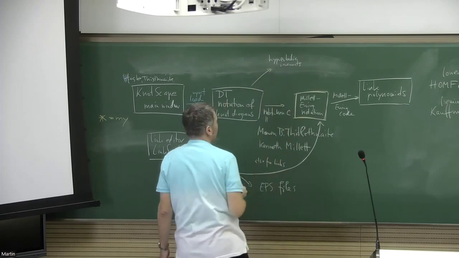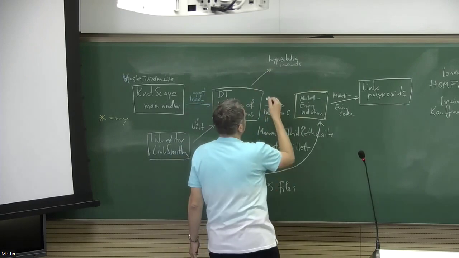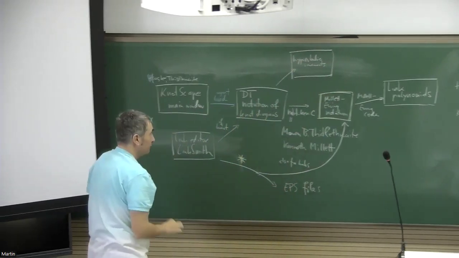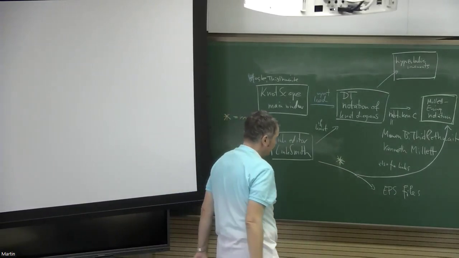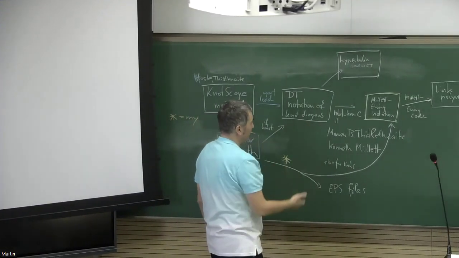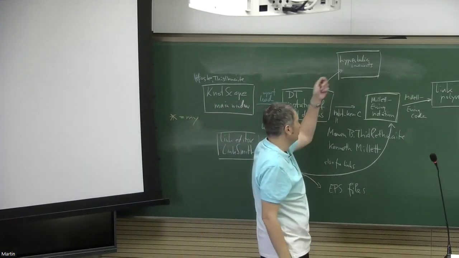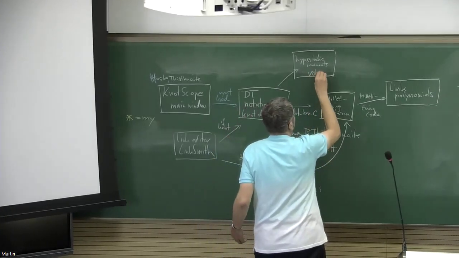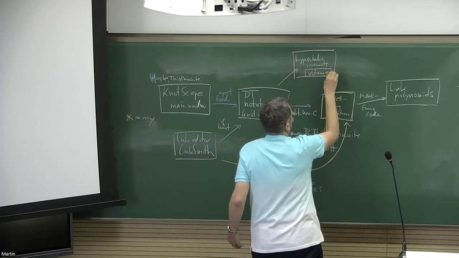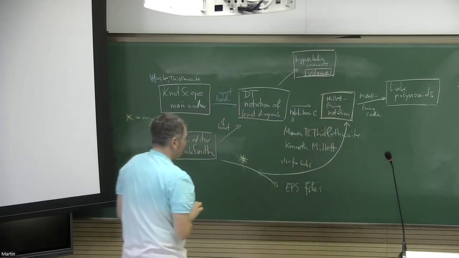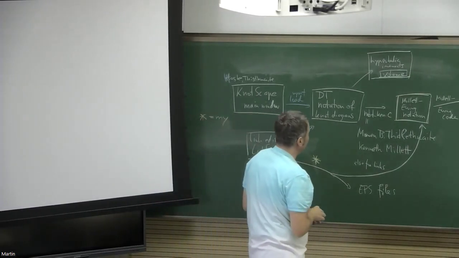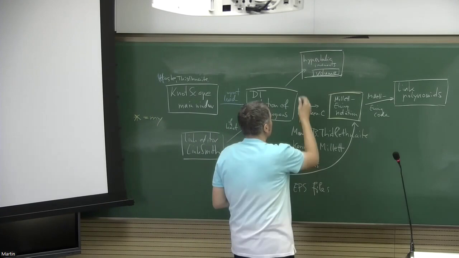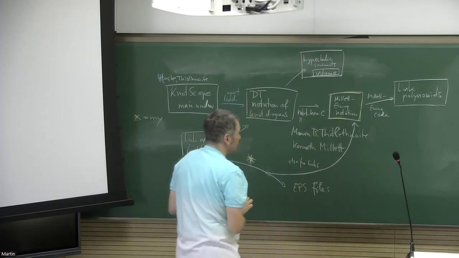There is a tool that computes hyperbolic invariants from the Dowker-Thistlethwaite notation. So you input some knot with Dowker-Thistlethwaite notation, and you can compute the volume, and some other things which I'm not that familiar with. Anyway, you can do this as well.